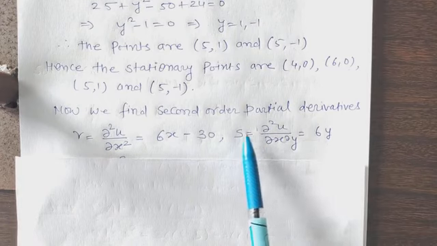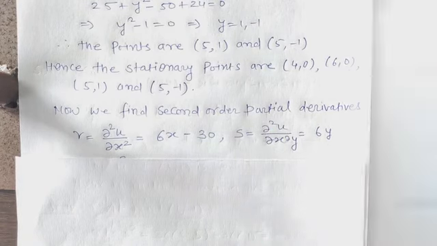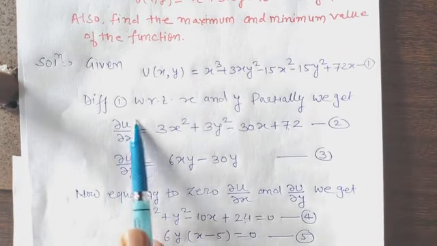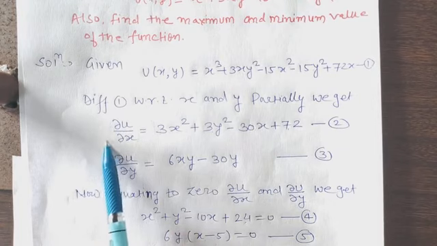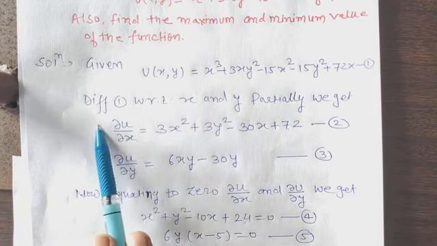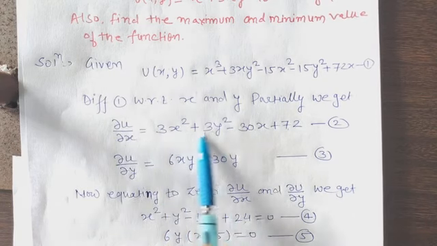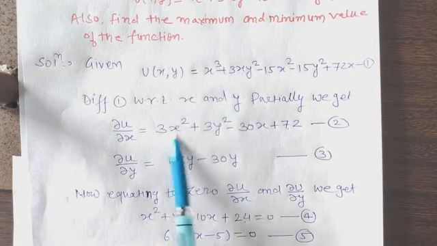Now we find s, del 2u by del x del y. To get del 2u by del x del y, we differentiate equation 2 with respect to y partially. Then we get del by del y of del u by del x, which gives del 2u by del x del y. So differentiate this equation with respect to y. With respect to y, this is constant, so 0.